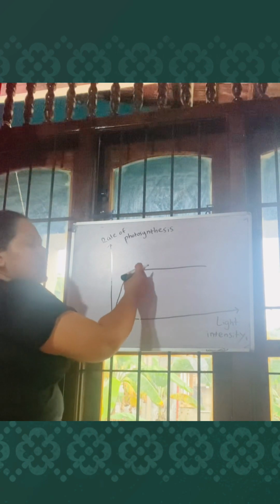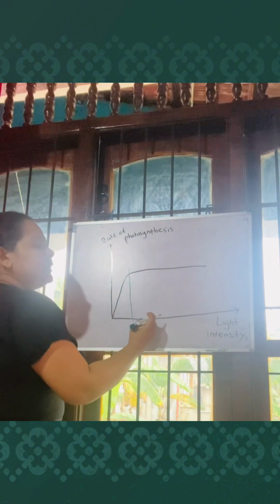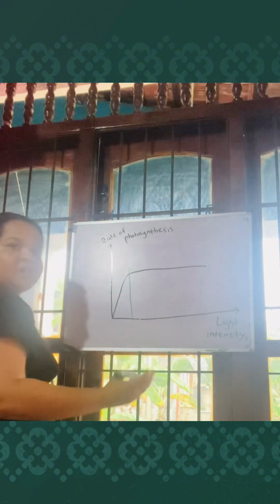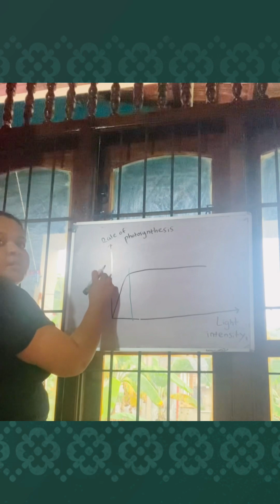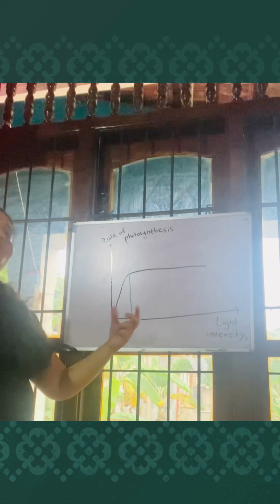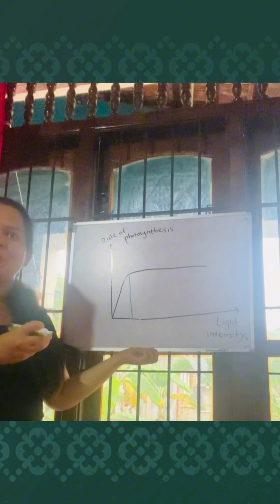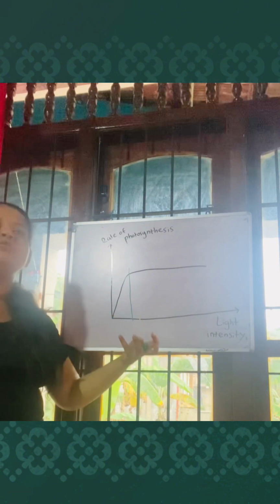It has flattened. Now the light intensity is changing, but the rate of photosynthesis is not changing, right? I'm going to tell you how to read this graph. You have to have the ability to read a graph. That's how you can interpret what has happened.